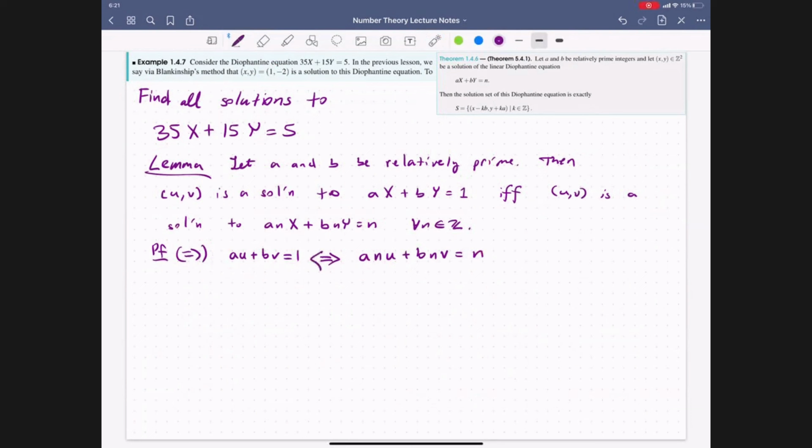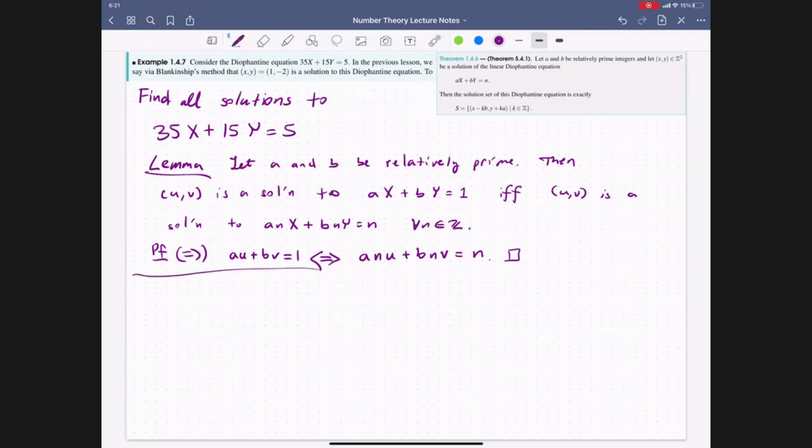So we have that. So with that in mind, even though at first glance the solution set to 35x + 15y = 5 doesn't seem to be attained from the theorem, it's perfectly fine because this lemma tells us if we reduce this to the case where a and b are relatively prime, we get our answer. So let's go ahead and do that.